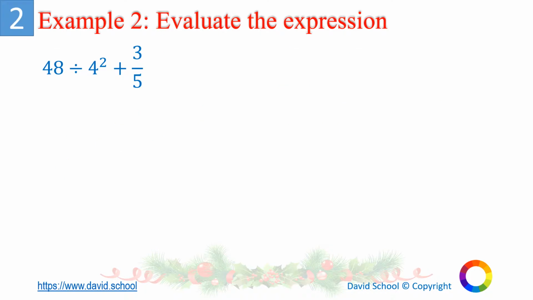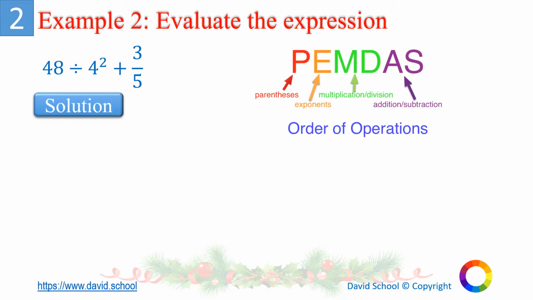Example 2. 48 divided by 4 squared plus 3 over 5. We follow the order of operations. Since there are no parentheses, we skip the first step, but there is an exponent, 4 squared. 48 divided by 4 squared, which is 16, plus 3 over 5. Step 3 is multiplication and division.